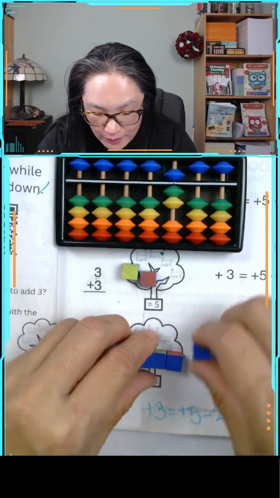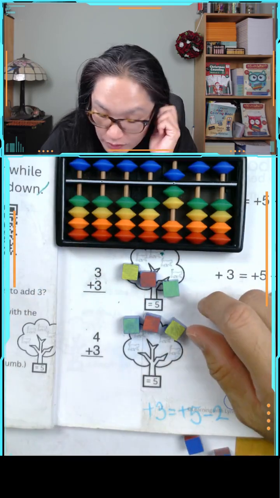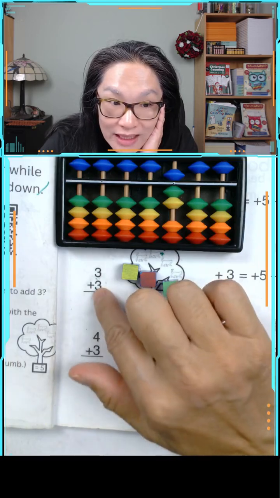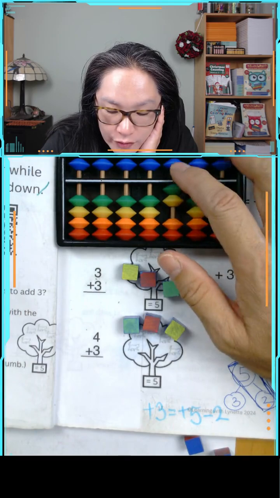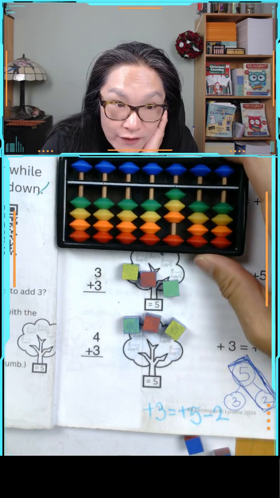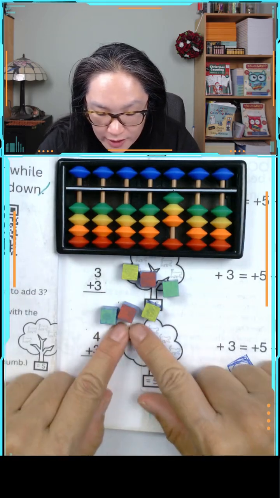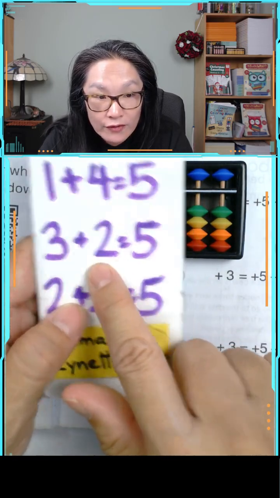We could do it again. We have 3 on the abacus. We're not memorizing 3 plus 3. We're not going to memorize near doubles. What we're going to do is understand how to make a 5. I have 3 on the abacus and I want to make a 5. 3 plus 2 is equal to 5.